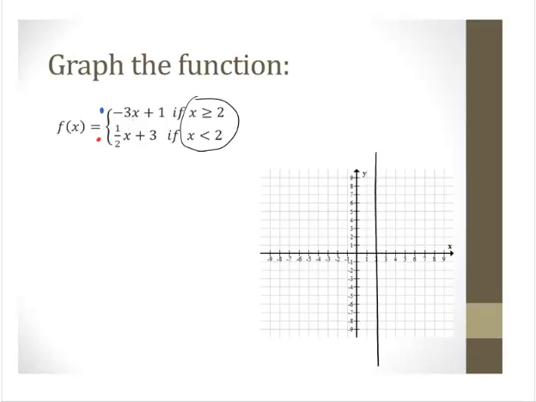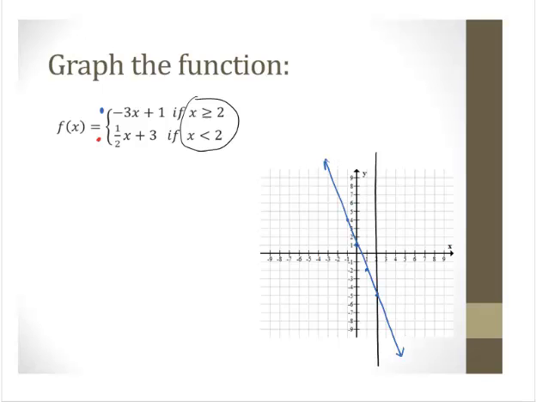All right, so negative 3x plus 1 is a line with y-intercept of 1 and a slope of negative 3. All right, so I've drawn a few points there, and drawing this line. All right, so there's that line.